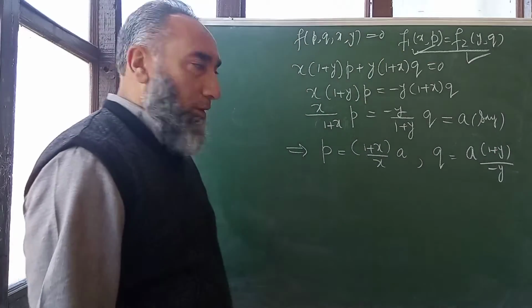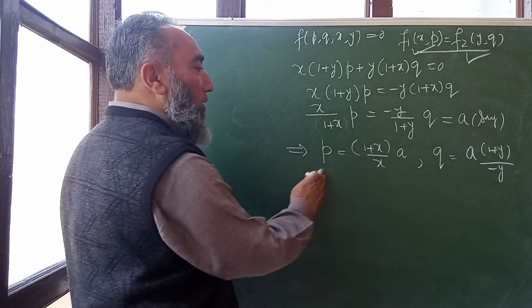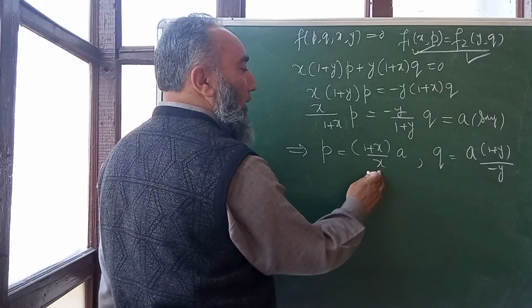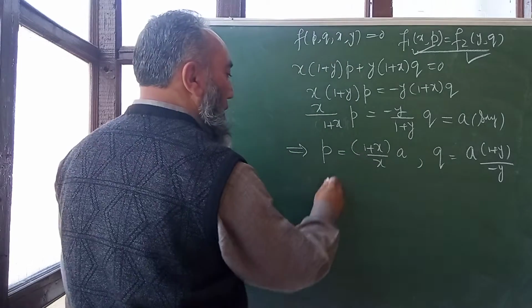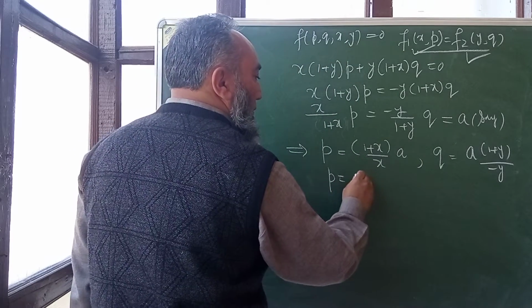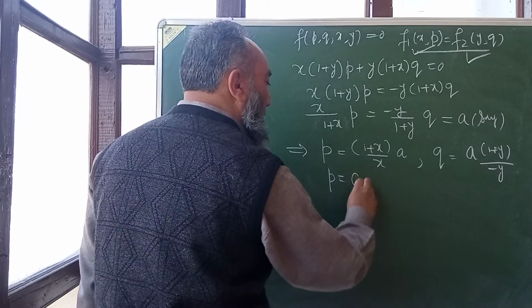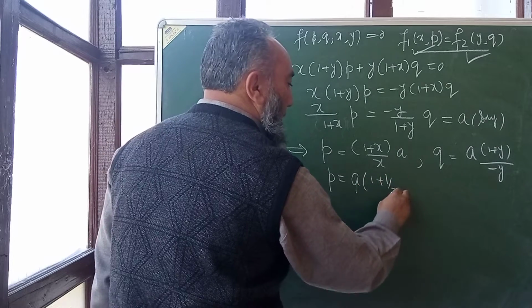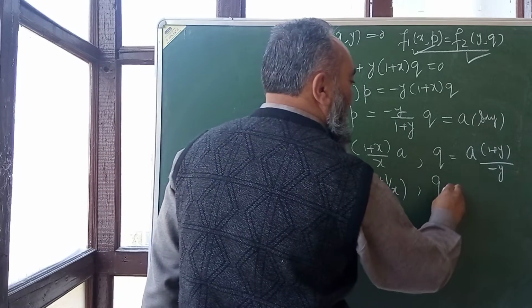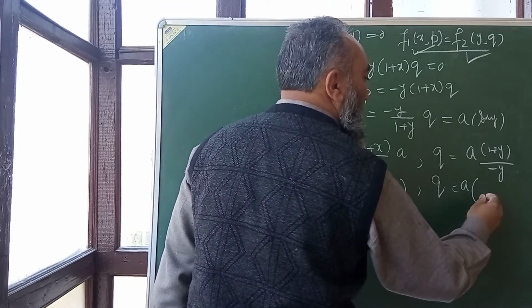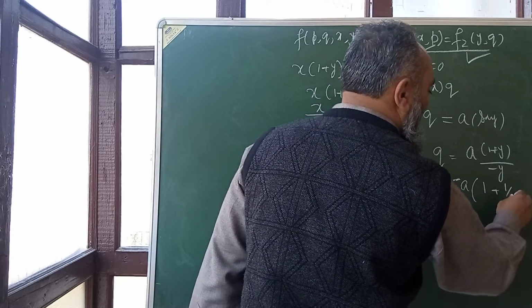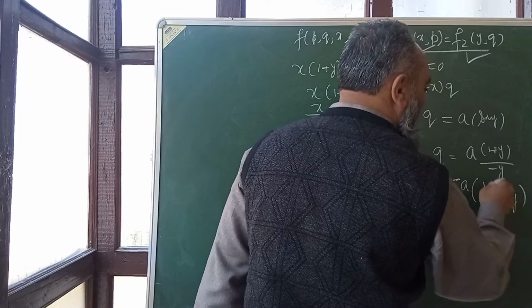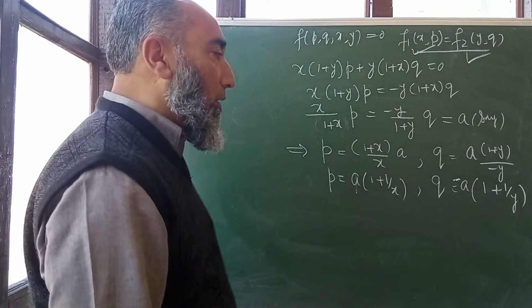So p is a times (1 + 1/x), and q is minus a times (1 + 1/y). You can take the minus outside.